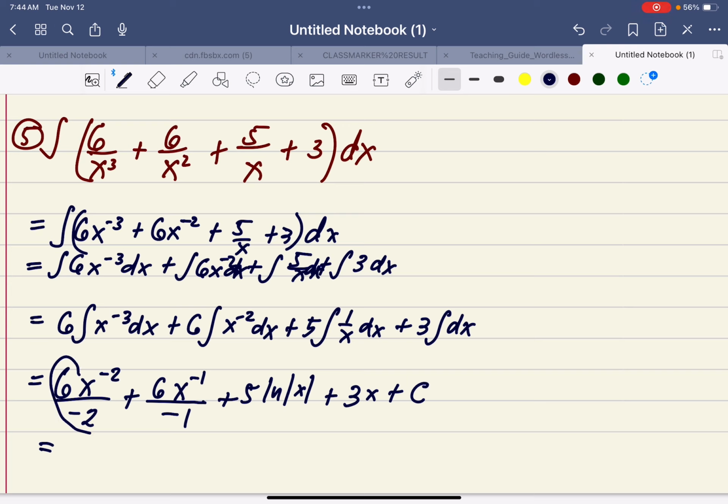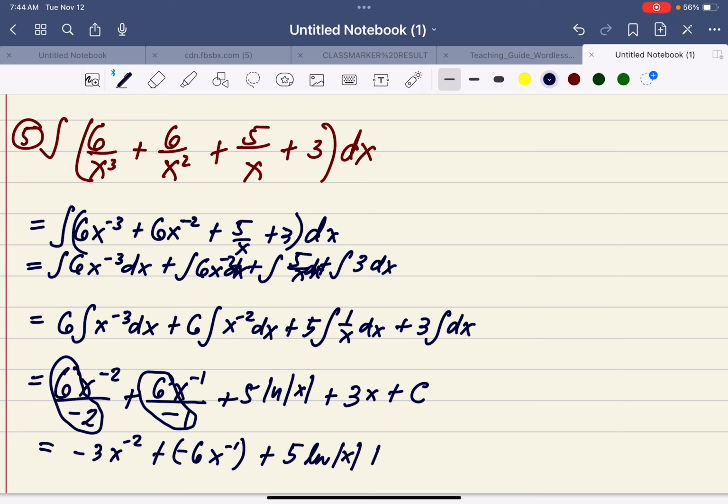So 6 over negative 2, that is negative 3, x raised to negative 2 plus 6 divided by negative 1, that is negative 6, x raised to negative 1 plus 5 ln of x plus 3x plus c.